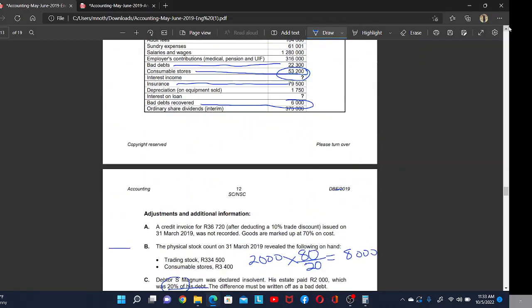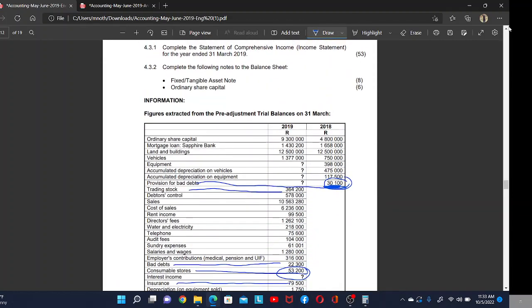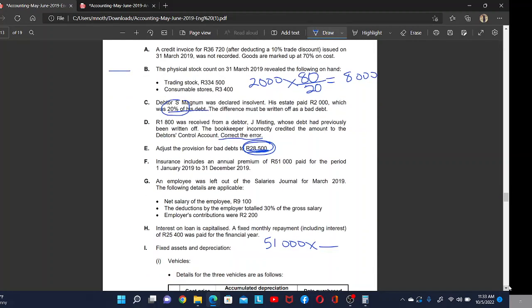So let's check our year. Our year ends on 31 March 2019. This means that from 1 April 2019 to 31 December 2019, this is the next financial year, meaning that we created a prepaid expense.